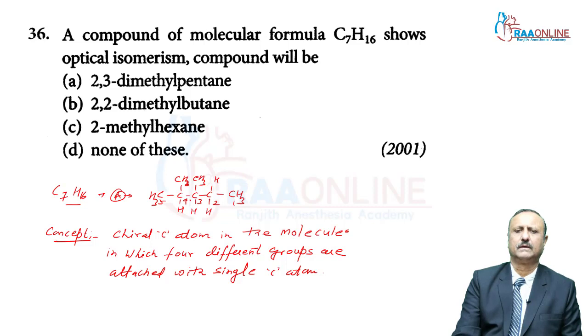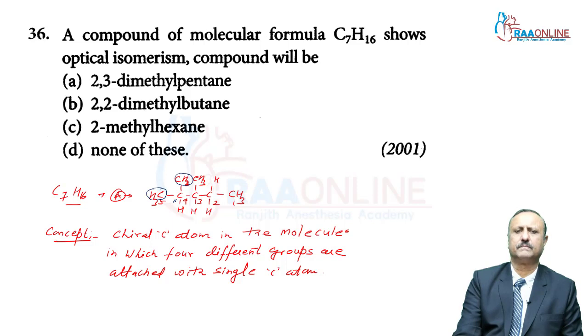Here you can see this carbon atom has the same groups present. In 2,3-dimethyl pentane, when we see this carbon atom, a methyl group is present here and a methyl group is present here, the same group, so this is not a chiral carbon atom.